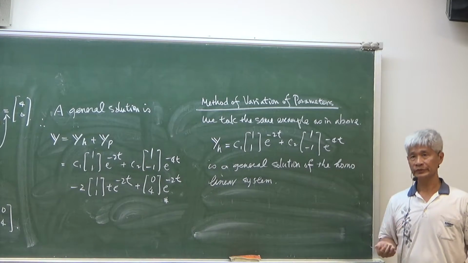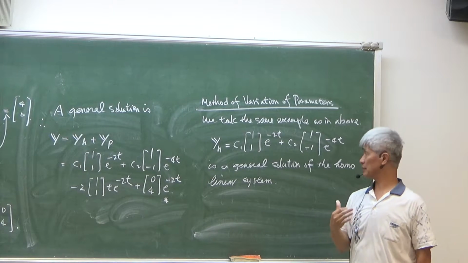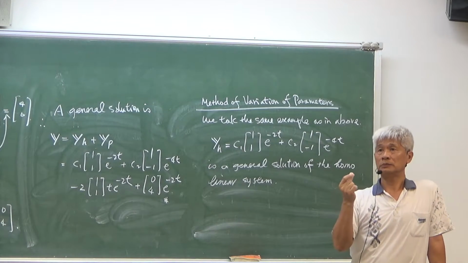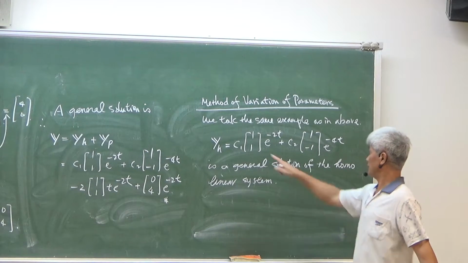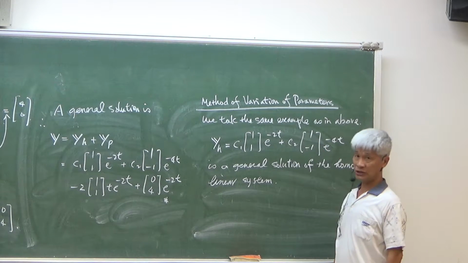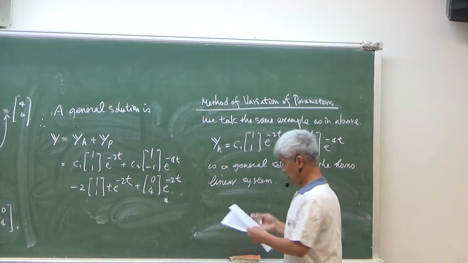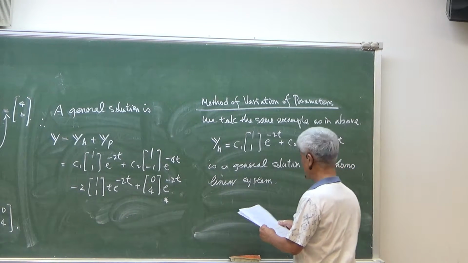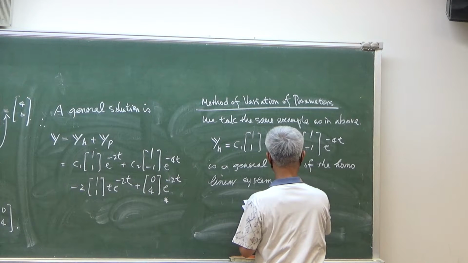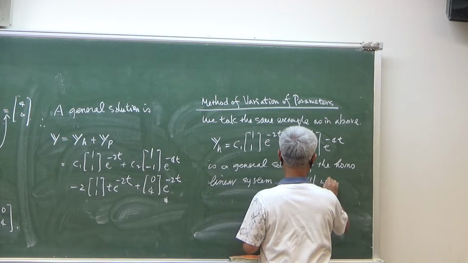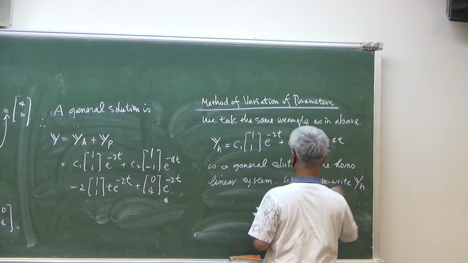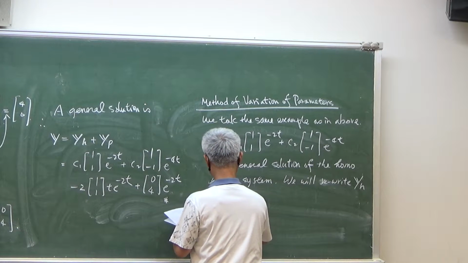All right. Now, the variation of parameters means we change the constants c1 and c2 to become functions of t, a function of t. This is the idea of the method of variation of parameters. But before that, we rewrite y_h in the following form.